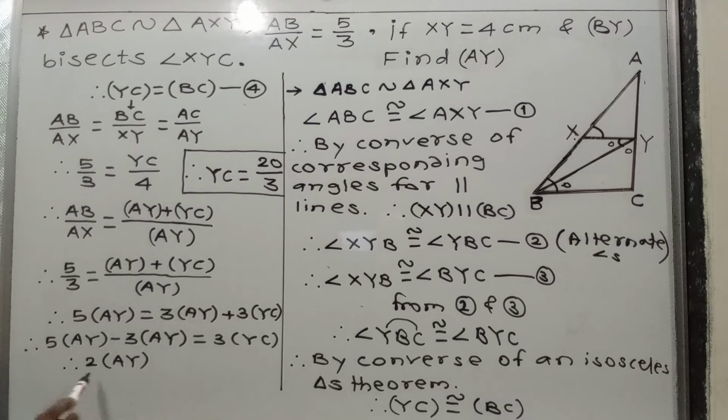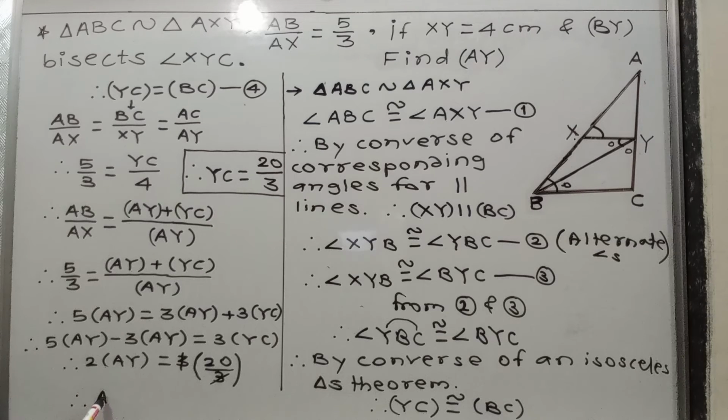Instead of keeping YC, what is the value of YC? 20 upon 3. Did you get it? The value of YC. The 3 cancels. Therefore, 2 AY is equal to 20, and we take the 2 to the right side.